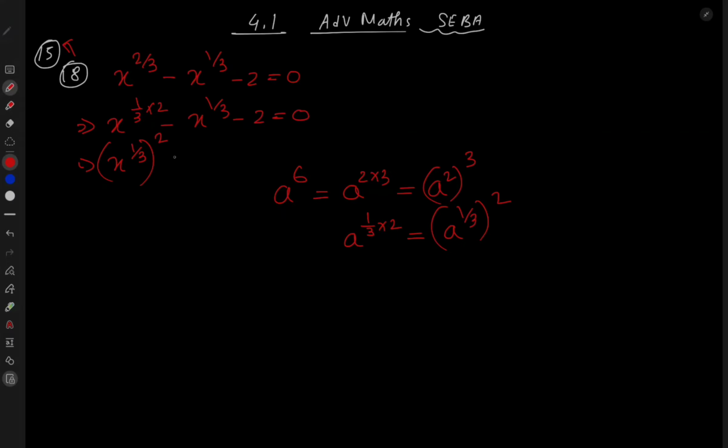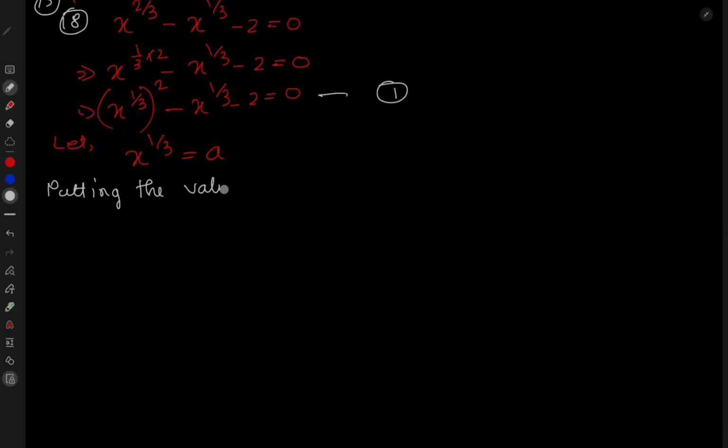So now let x to the power 1 by t equal to a. Okay, so take this as equation number 1. Now putting the value of x to the power 1 by t in equation number 1.